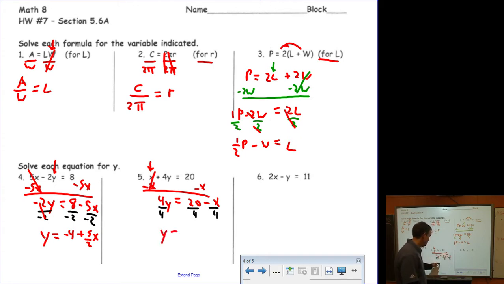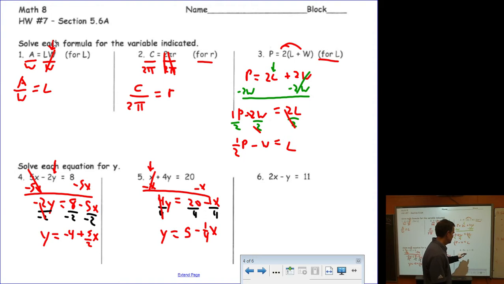And that gives me Y equals 20 divided by 4 is 5. And you want to remember with the X that there's a 1 in front of that X. So 1 divided by 4 is just 1/4 X. And you could put 0.25 if you really wanted to.